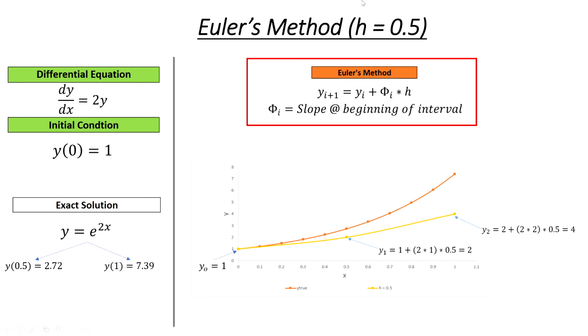So here we're going to be dealing with Euler's method at a step size of 0.5. So what do I mean by a step size of 0.5? The step size tells you the number of estimations that you're going to be getting in a certain interval. In other words, if I'm dealing with an interval from 0 to 1, and a step size of 0.5, that means I'm going to be using this initial condition to get my first estimate at 0.5 and then my second estimate at 1.